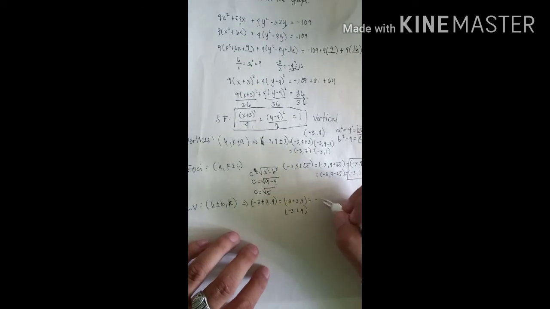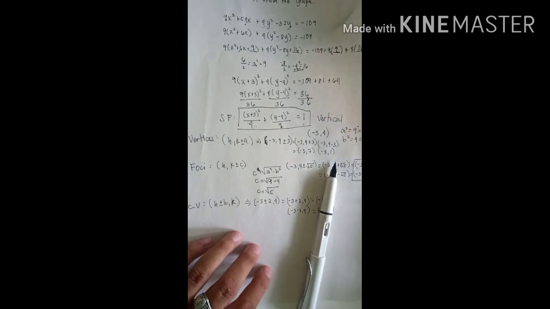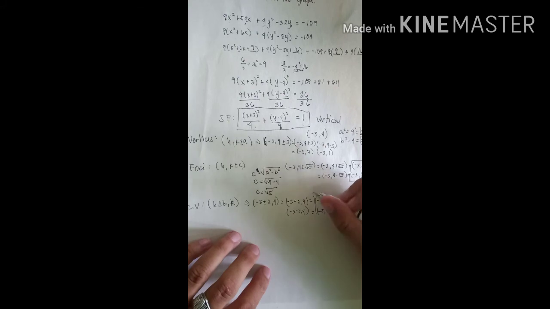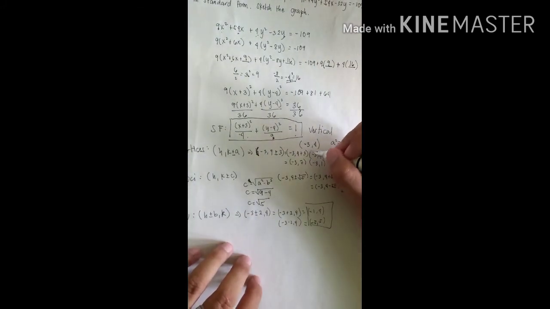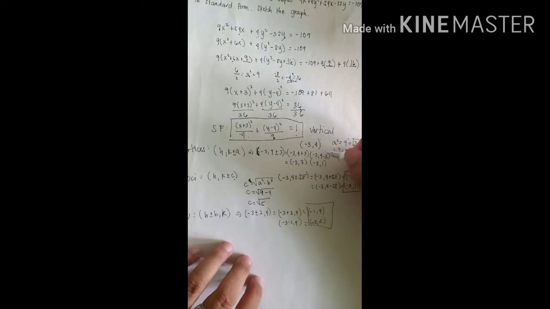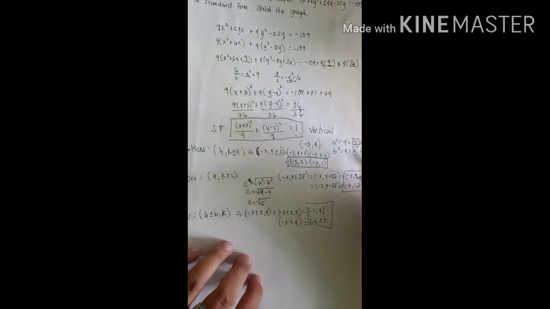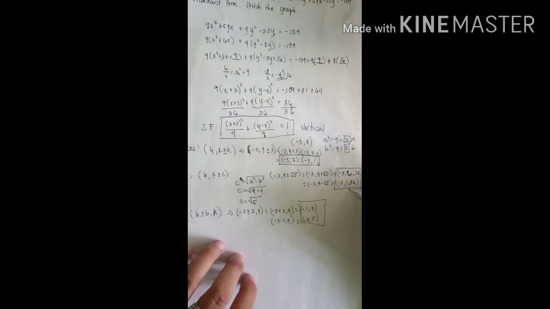This is equal to negative 1, 4, and this is equal to negative 5 and 4. So we have now the points for the vertices, the foci, and the co-vertices.